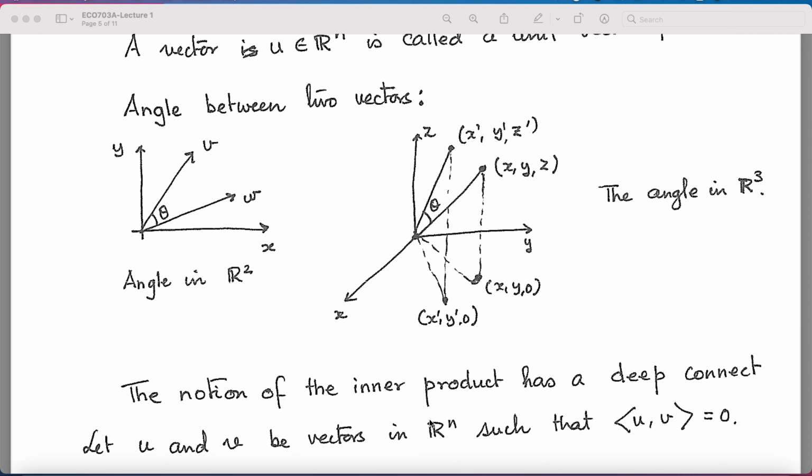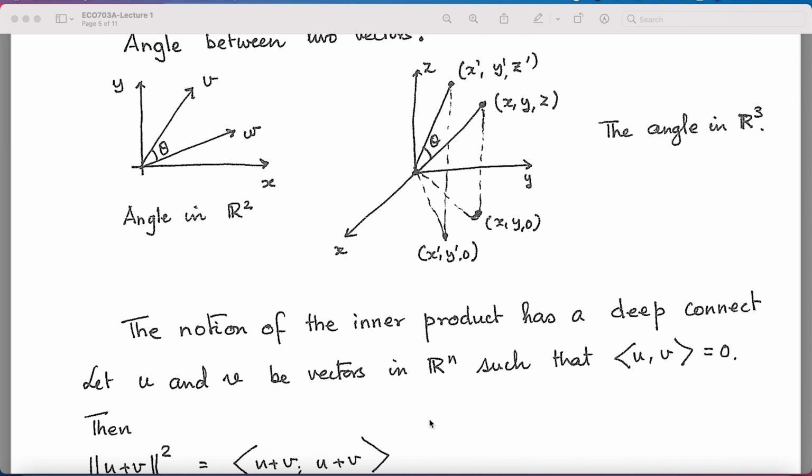Now, suppose I have an inner product of two vectors which gives me 0. What do we mean by this? What is the scenario? Suppose I have a vector with coordinates x, y. Suppose I have another vector which has coordinates minus x and minus y.